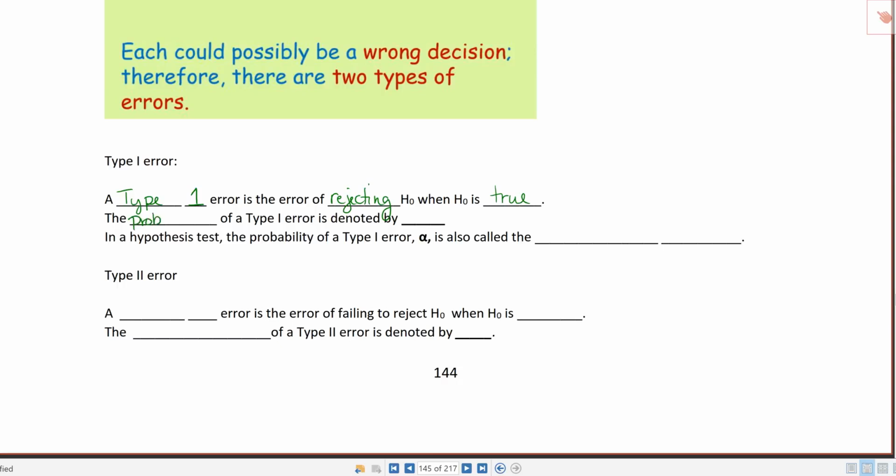So we call the probability of a type 1 error, of rejecting the null hypothesis when it was true, it's denoted by alpha, the Greek letter alpha. In a hypothesis test, the probability of a type 1 error, alpha, is also called the significance level.